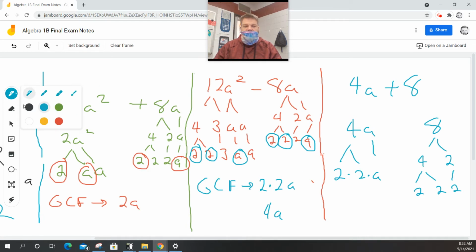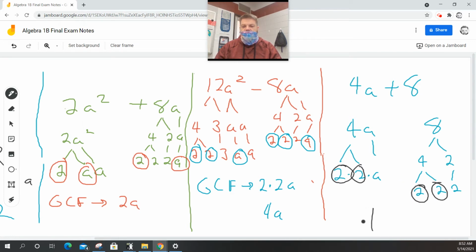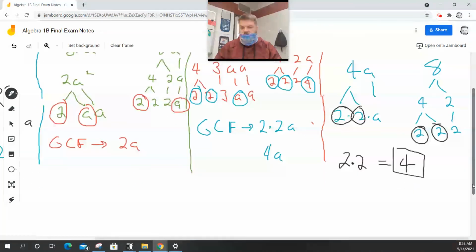So then my greatest common factor is 2 and 2, another 2, and another 2. So that one is just 2 times 2. Whoops, something went wonky there. 2 times 2, which is 4. And that's the greatest common factor.